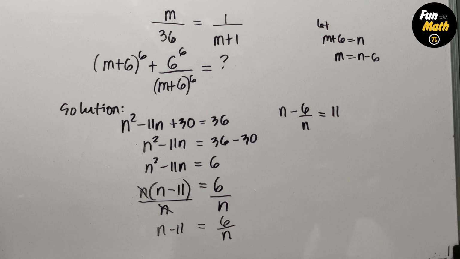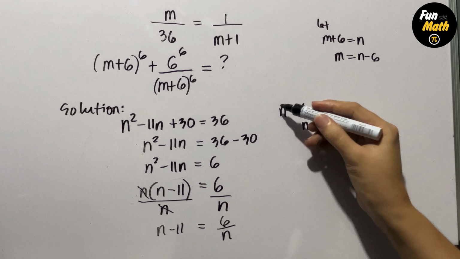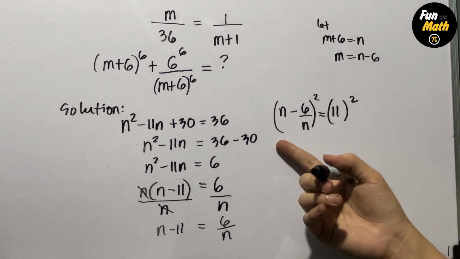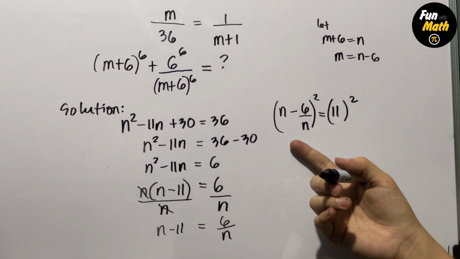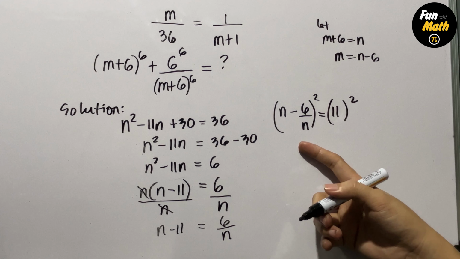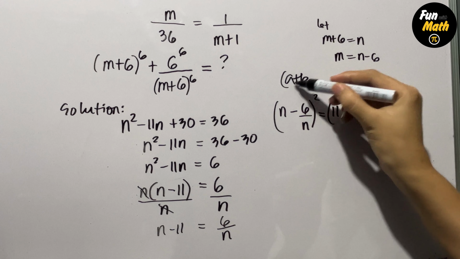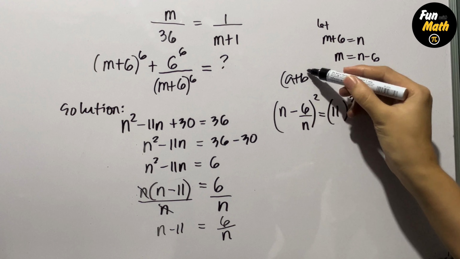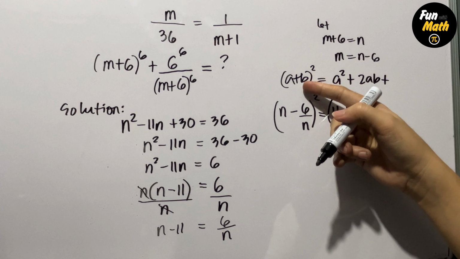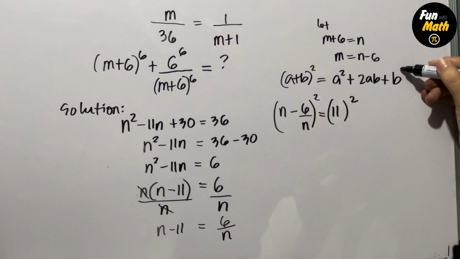Next thing to do, let's square both sides. Now for this, (n minus 6 over n) to the power of 2, we can expand by following the identity (a plus b) squared equals a squared plus 2ab plus b squared.